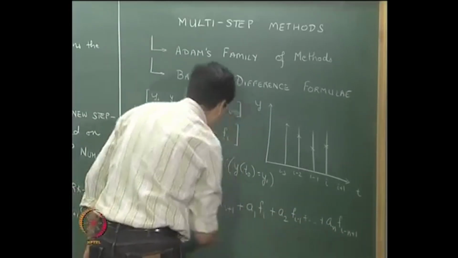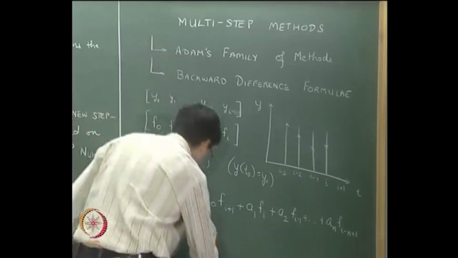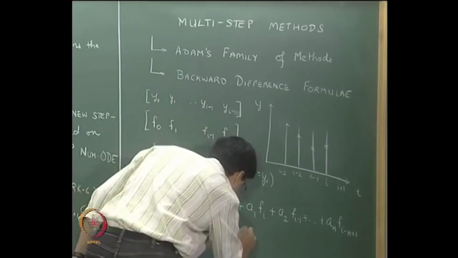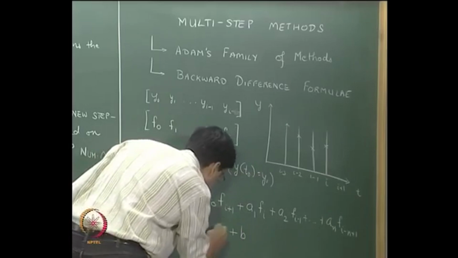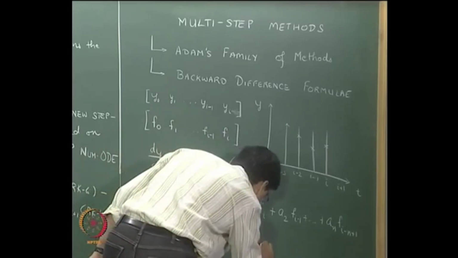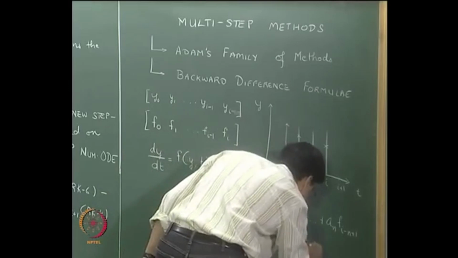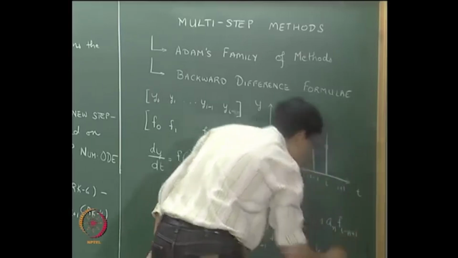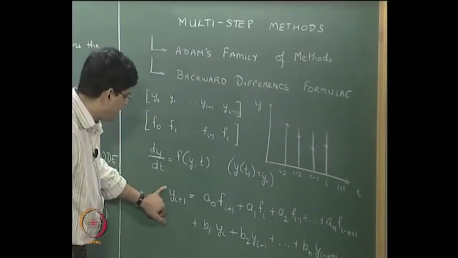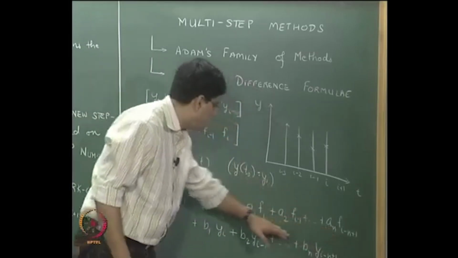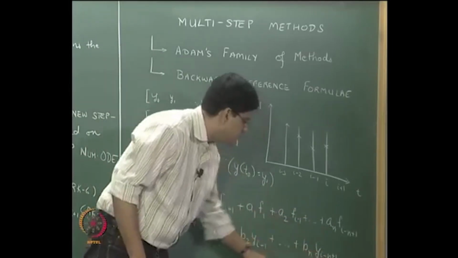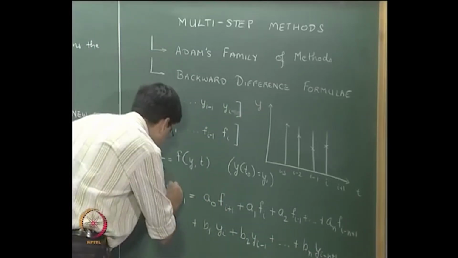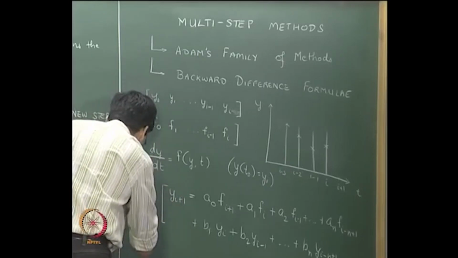That is the weighted average of the past function values plus b1 yi plus b2 y i minus 1 plus so on up to bn y i minus n plus 1. Okay. So we will write y i plus 1 as a sum of the past function values and a sum of the past y values. And this is the overall general equation for any multi-step method.